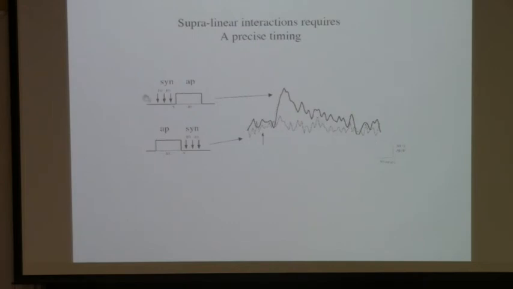But if you give the synaptic activation first, and then the action potentials, then you get the big increase. So it's asymmetric in time, okay? And do you know what is the idea?